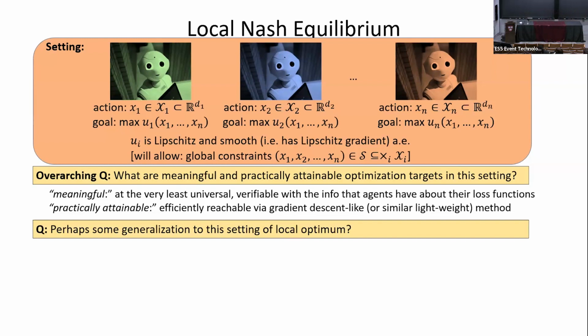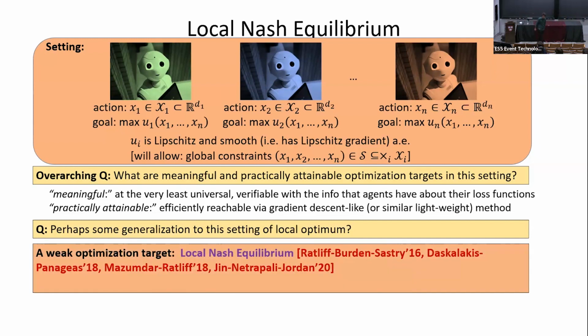And my goal is to perhaps generalize to this setting the notion of local optima that has been so successful in single agent settings. A very, very weak notion of local Nash equilibria I can define is this.